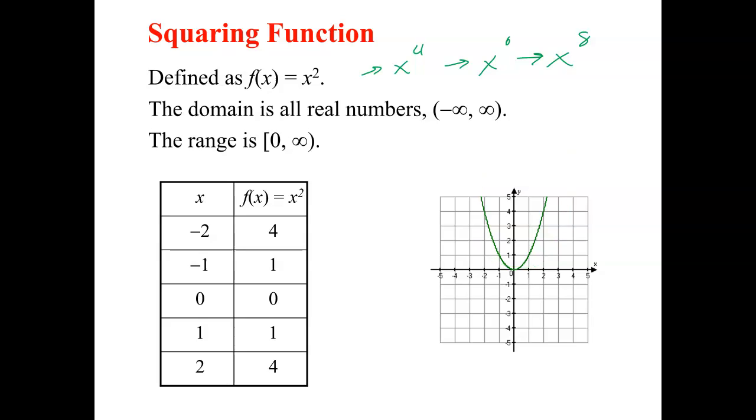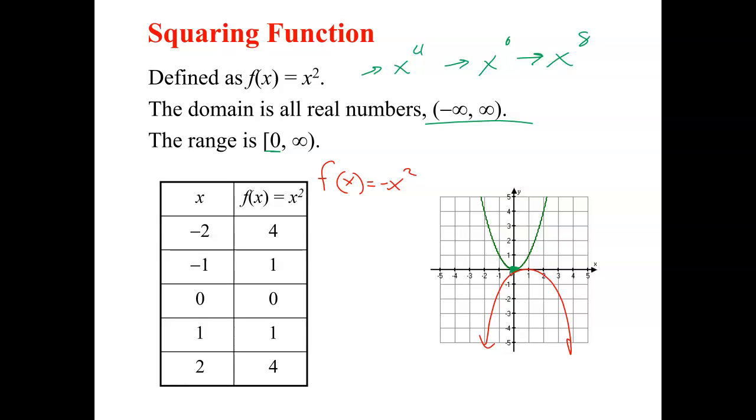Same general shape. They all have a domain of all real numbers. They all have a range that starts or ends at that vertex. The parent function goes from 0 to infinity. But if I make this negative, change the colors to red. If I change this to negative x squared, now it's flipped upside down.